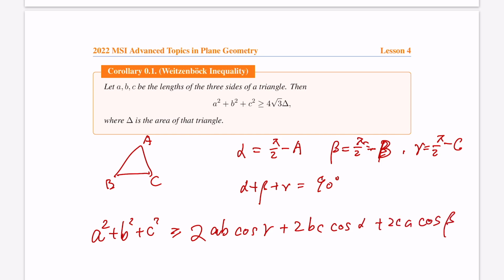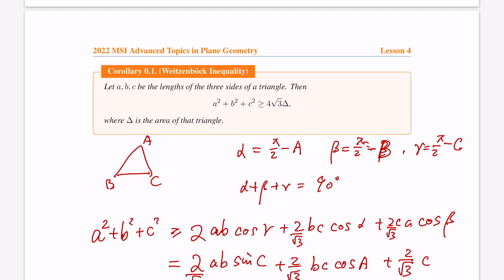But remember, alpha and A are complementary, beta and B are complementary, so these are 2ab sine C, with the square root 3 as the coefficient, plus 2 over square root 3 bc sine A plus 2 over square root 3 ca sine B.